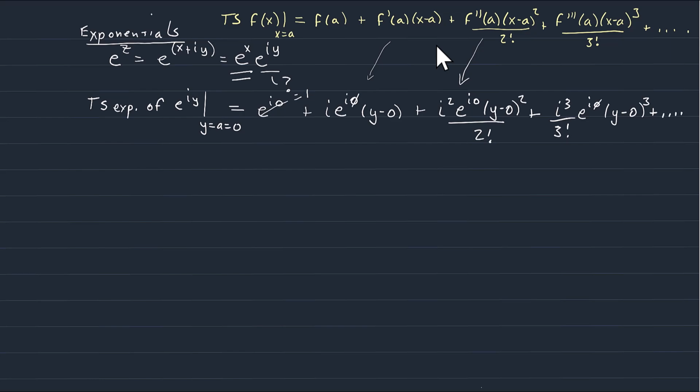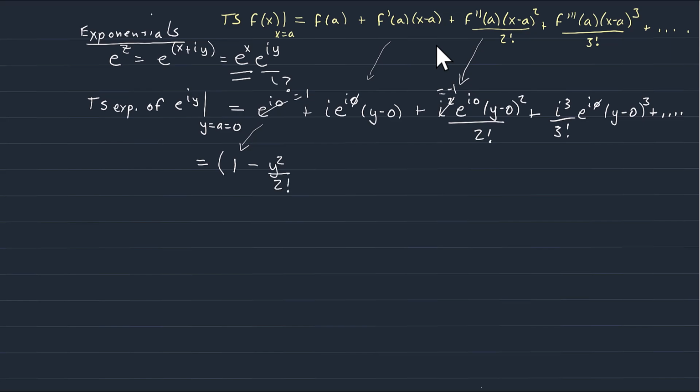I've just drawn out 3 terms, but I'm going to try to show you all the terms. If we just look at the real parts, we get a 1 here. This part stays imaginary, but this part is real because we have an i squared. This becomes a minus 1 here, so we get a minus y squared over 2 factorial.